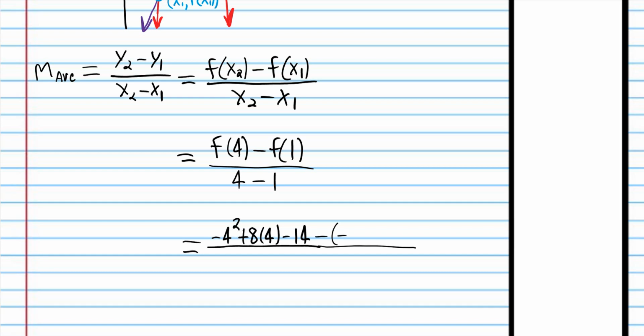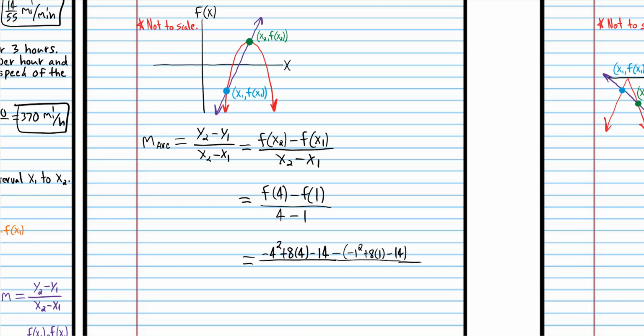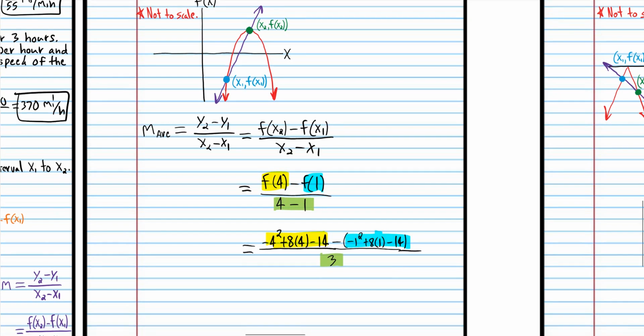So we're going to write the same exact expression except with 1 plugged in. So we have f of 4 minus f of 1 over 4 minus 1, which is 3. And then we just simplify.